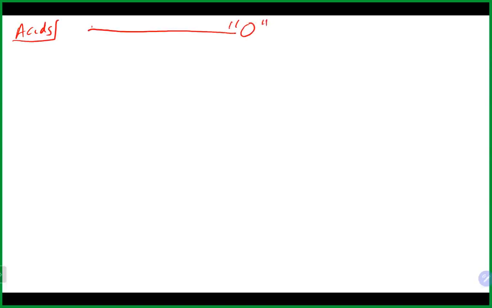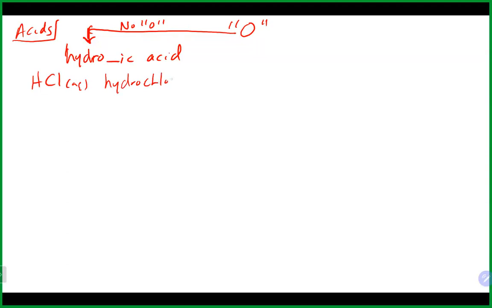So the answer is, if there are no oxygens, your acid name basically is hydro-something-ic acid. As we just saw there, HCl is hydrochloric acid. So the missing part is really the negative ion. For all acids, the cation is basically H plus.